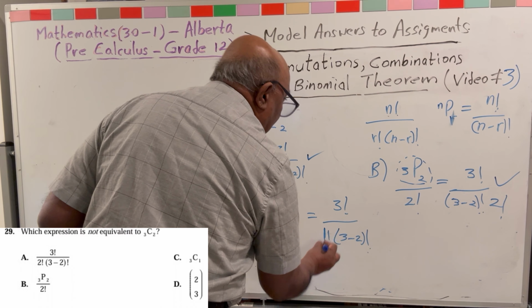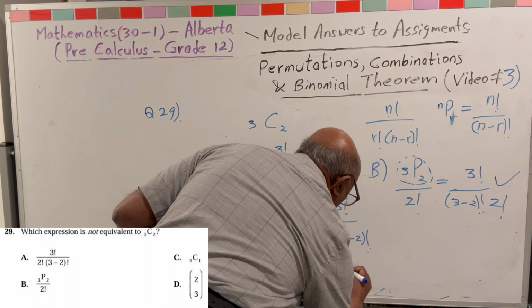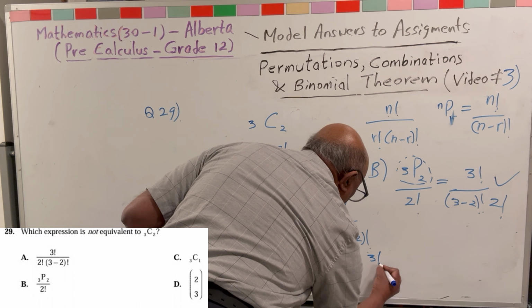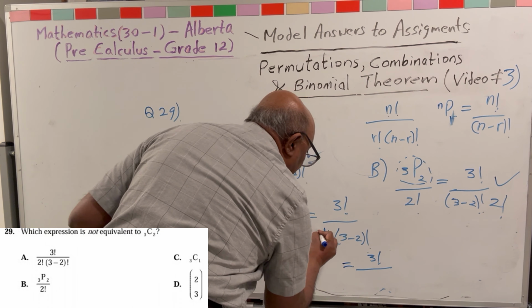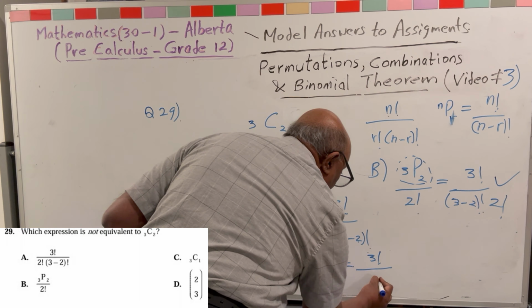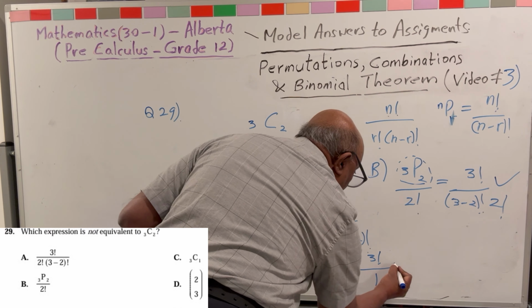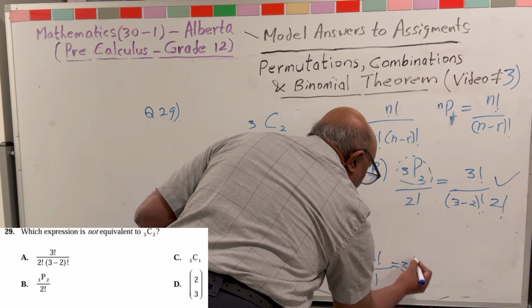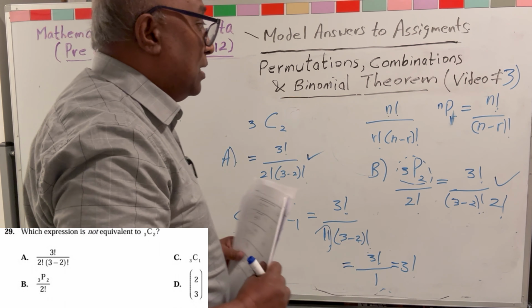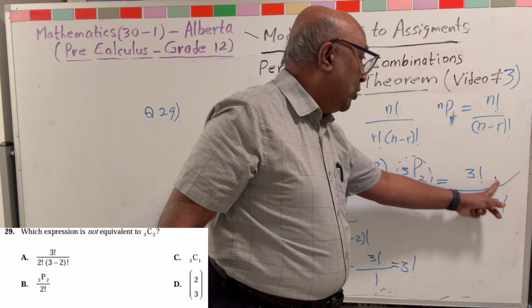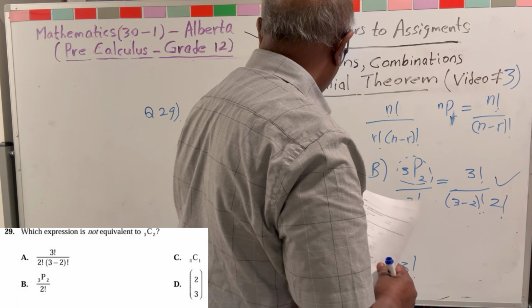Factorial 1 is 1. Factorial 3 upon, what do remain in the bottom? Factorial 1 is 1, and factorial 2 remains. Once you simplify, you are getting factorial 3 upon factorial 2.